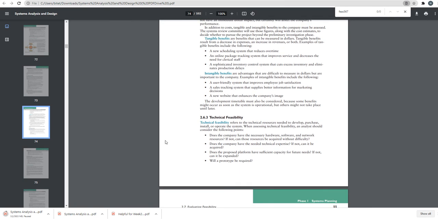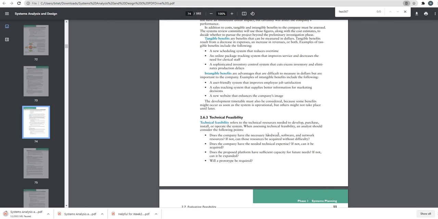Next, technical feasibility. You have all the questions here. Technical feasibility speaks about availability of technology with the organization to use the application. As we have discussed, most of the organizations that we have taken are very small organizations. So we might be purchasing whatever hardware is required.